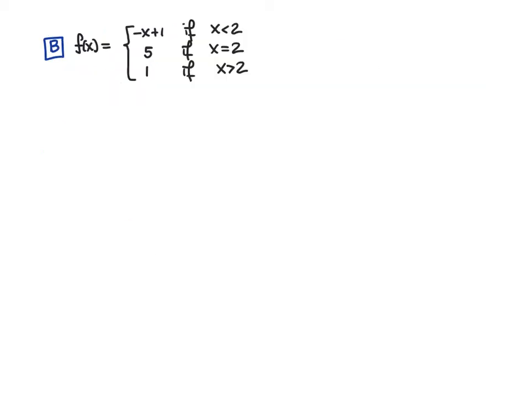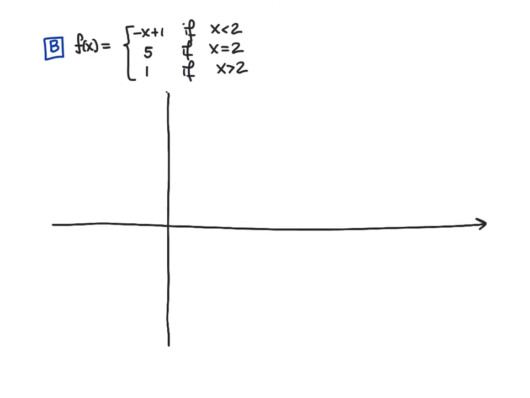Sometimes a piecewise function will actually have more than 2 parts as well. So in this example, there's 3. And you might also be asked to graph them. So I want to do that here with you guys for this example. We're going to actually graph this piecewise function. So I'm going to draw a graph here, an xy plane, and I know that the cutoff point here is 2, so let's put in a value of 2, and let's use some colors.